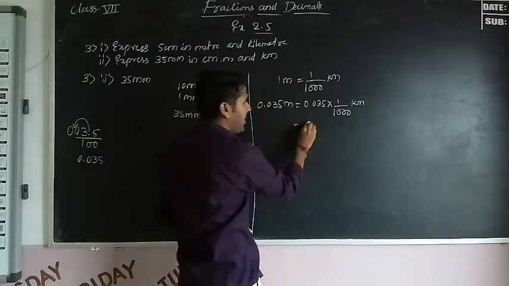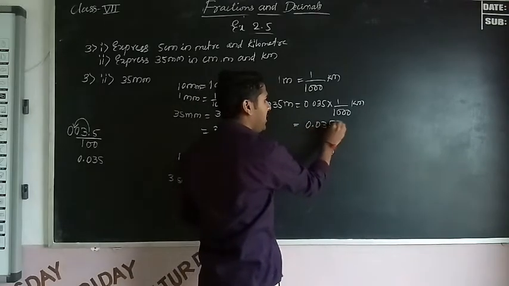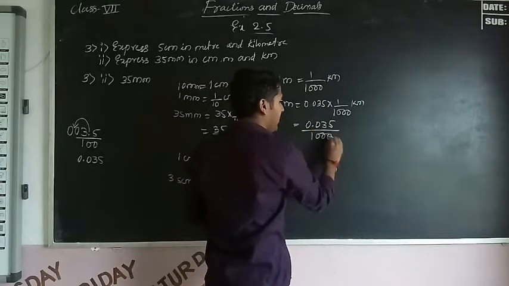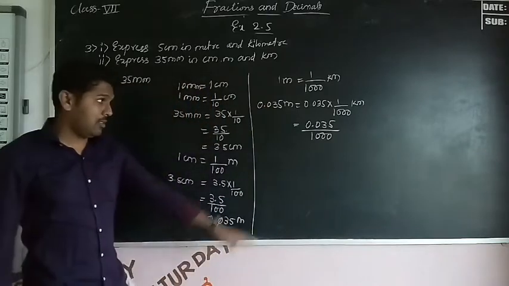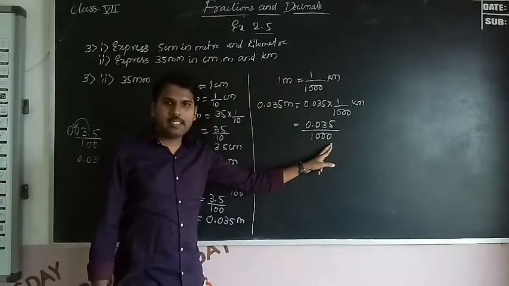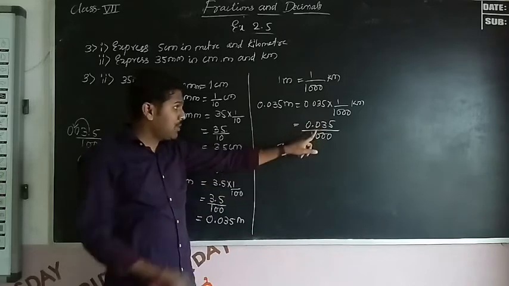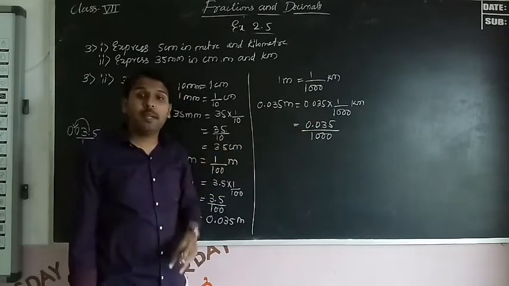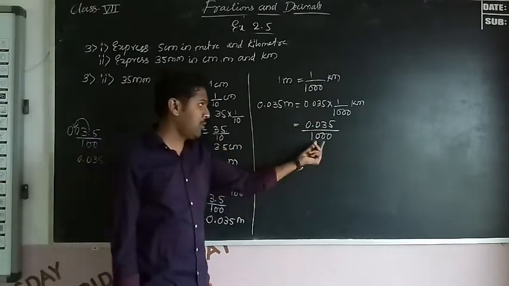So cross multiply 0.035 divided by 1000. Here only zeros are there, 3 zeros. That means you should shift the decimal point to the left side by 3 places.